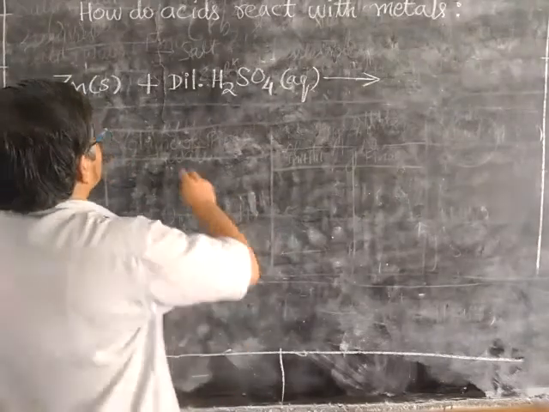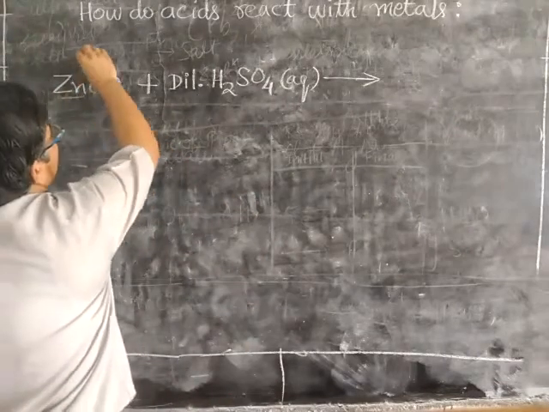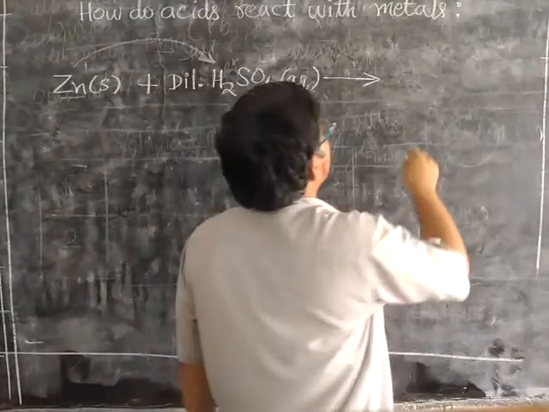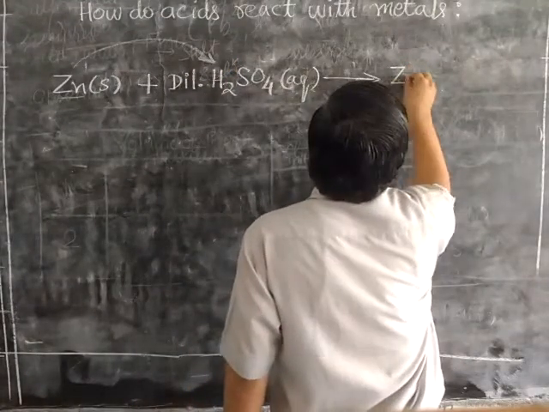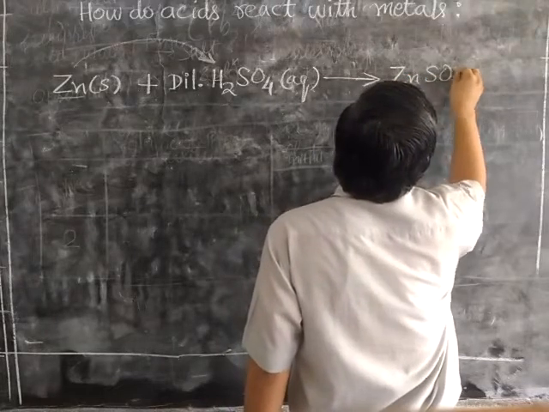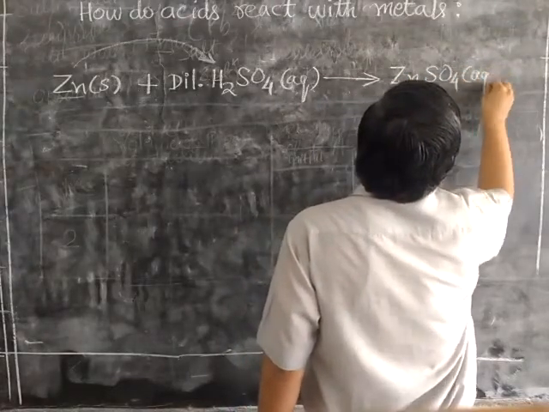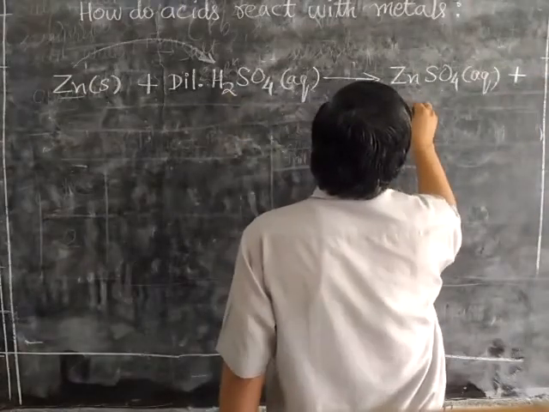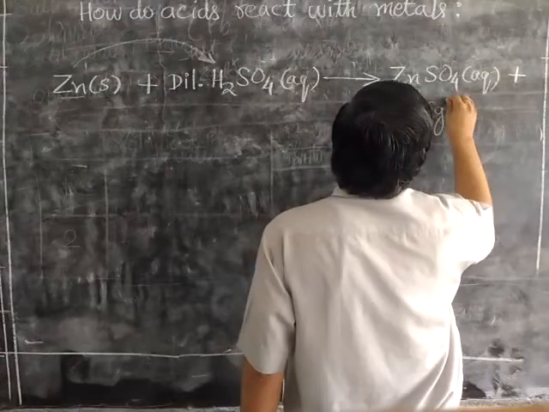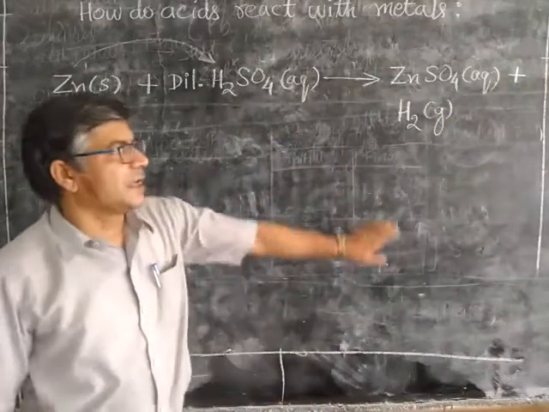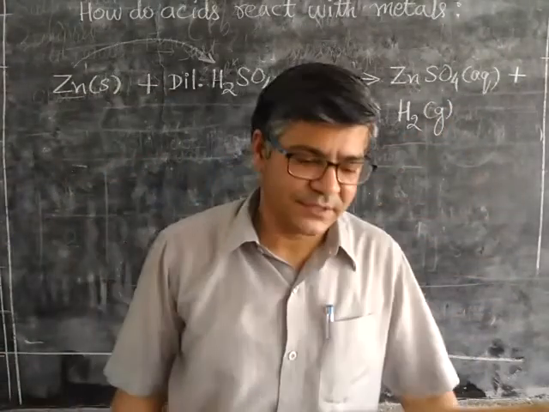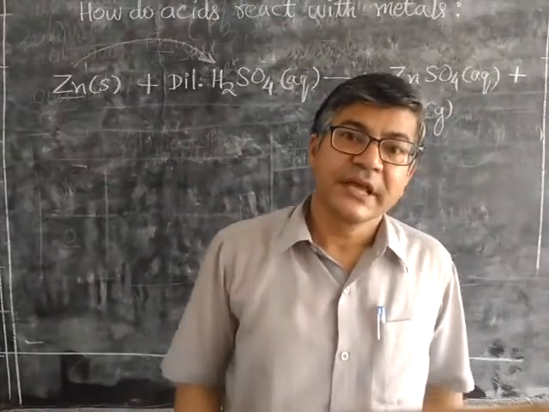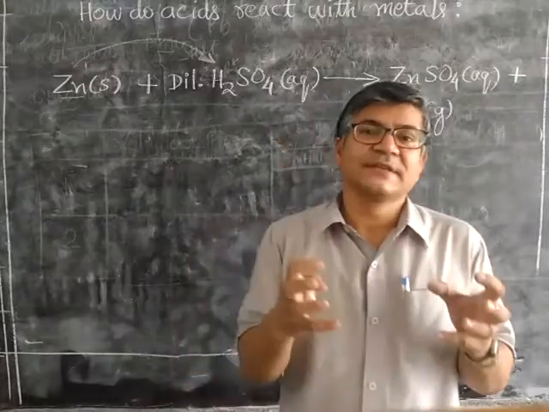In this reaction, zinc is displacing the less reactive hydrogen to form zinc sulfate, ZnSO4, aqueous, plus hydrogen gas, which is liberated. Hydrogen gas is highly combustible. It has a very low ignition temperature. It burns with a popping sound.